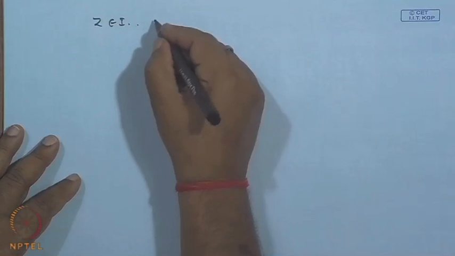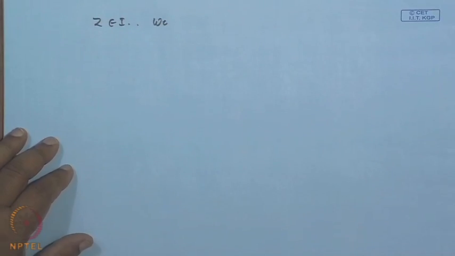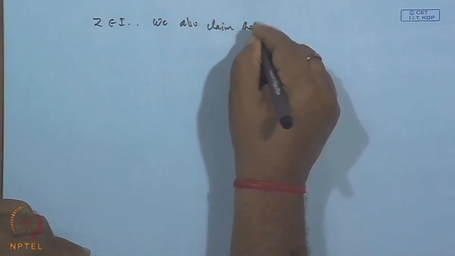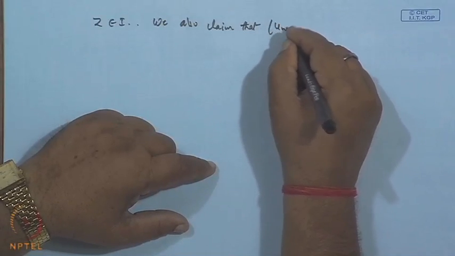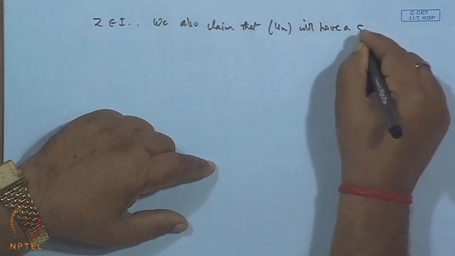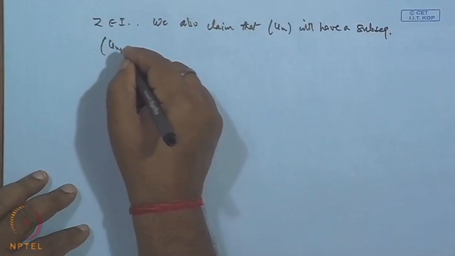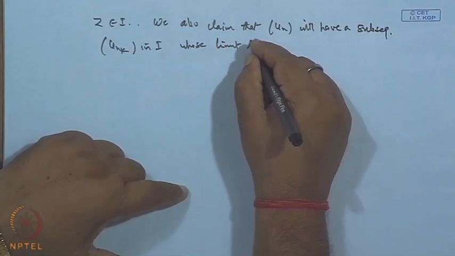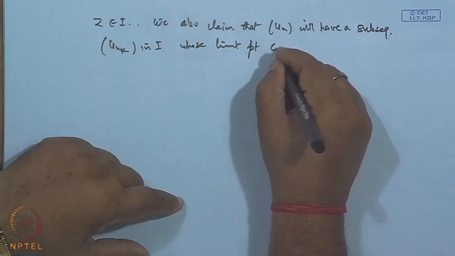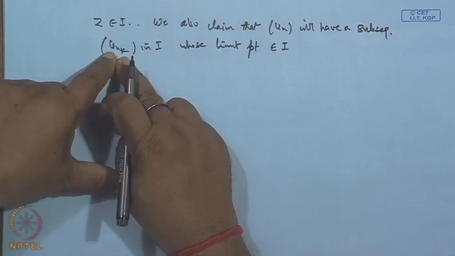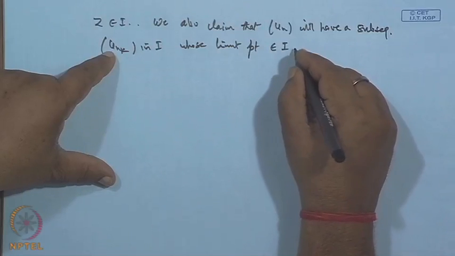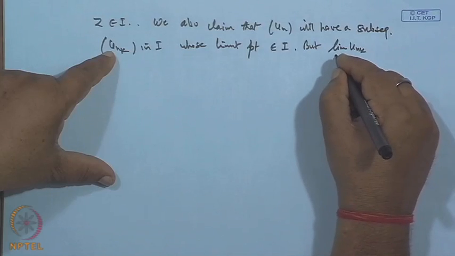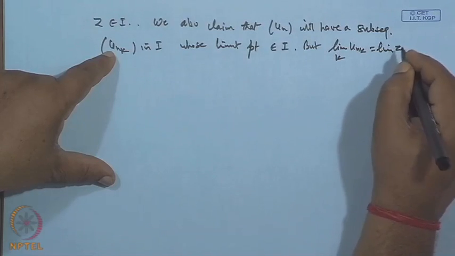Similarly, we can also claim that the sequence u n will have a subsequence u n k in I whose limit point belongs to I. But the limit point of u n k and x n k will be the same.